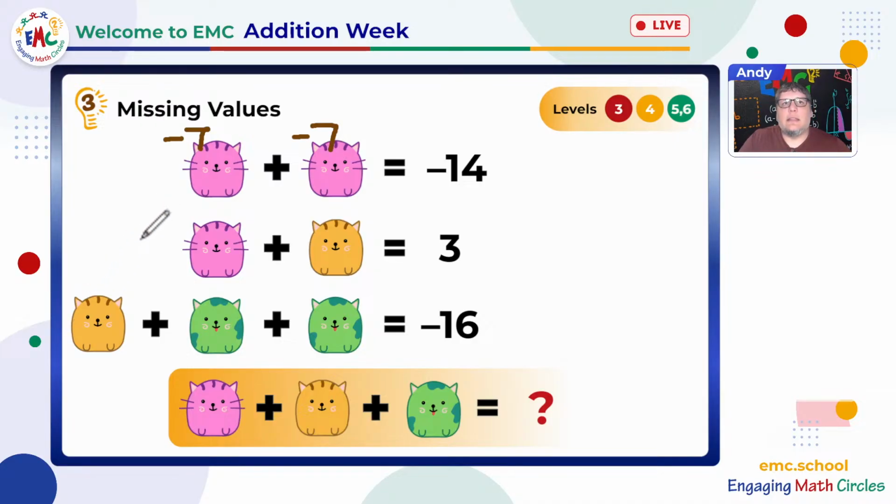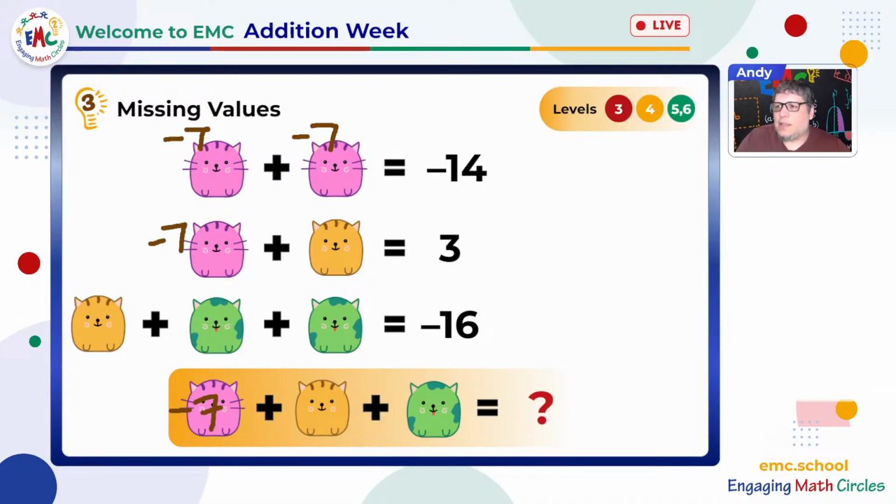And now we need negative 7 plus some number. Orange cat is going to give us 3. Give you a moment to think about that as well. So we're going to need a positive number that's more positive than 7 by 3.